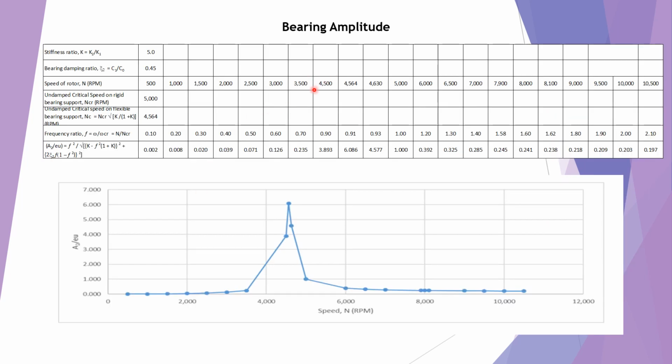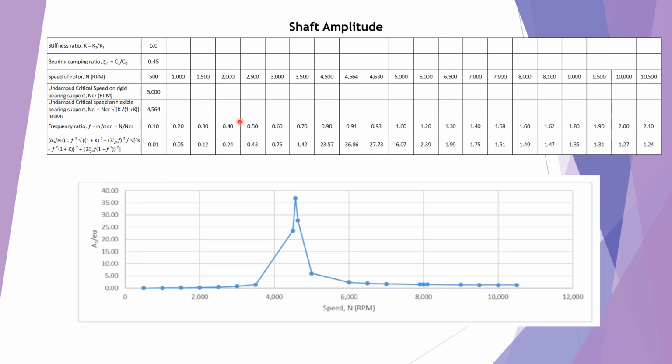Now the damped vibration speed versus amplitude curve. These are for the bearing: on the x-axis is speed, on the y-axis is bearing amplitude, and you can see at the critical condition the amplitude is a maximum. Similarly for the shaft amplitude, the x-axis is speed and the y-axis is shaft amplitude. Again at the critical condition the amplitude is a maximum.